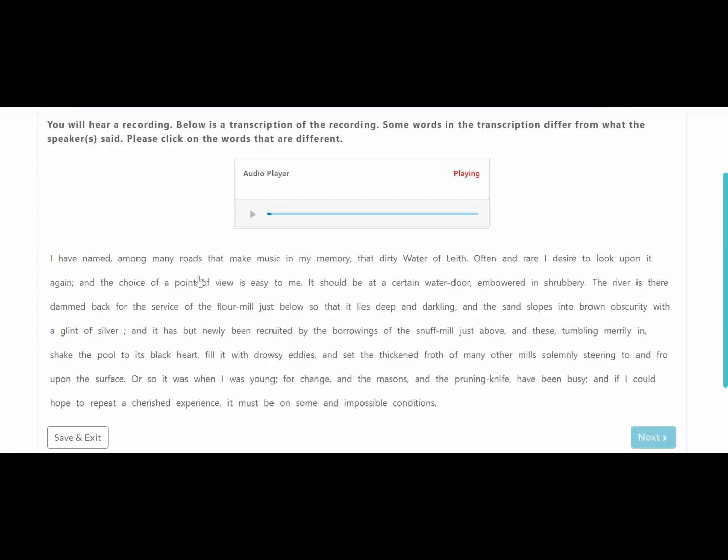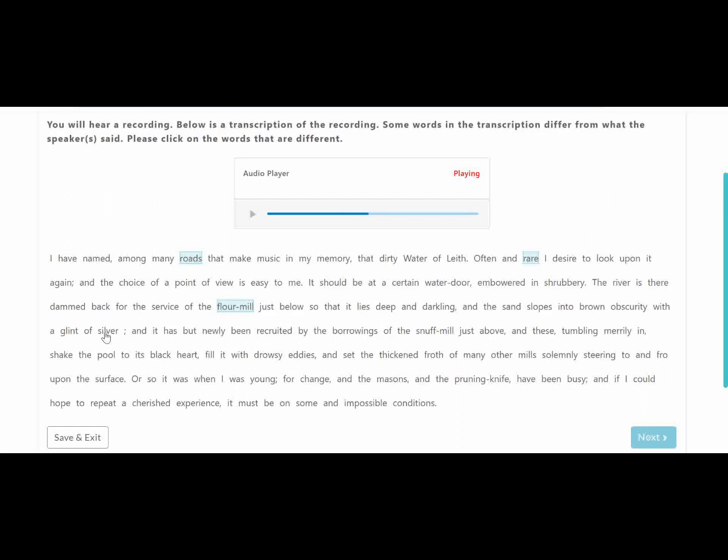I have named, among many rivers that make music in my memory, that dirty water of Leith. Often and often I desire to look upon it again, and the choice of a point of view is easy to me. It should be at a certain water door, embowered in shrubbery. The river is there dammed back for the service of the flour mill just below, so that it lies deep and darkling, and the sand slopes into brown obscurity with a glint of gold.